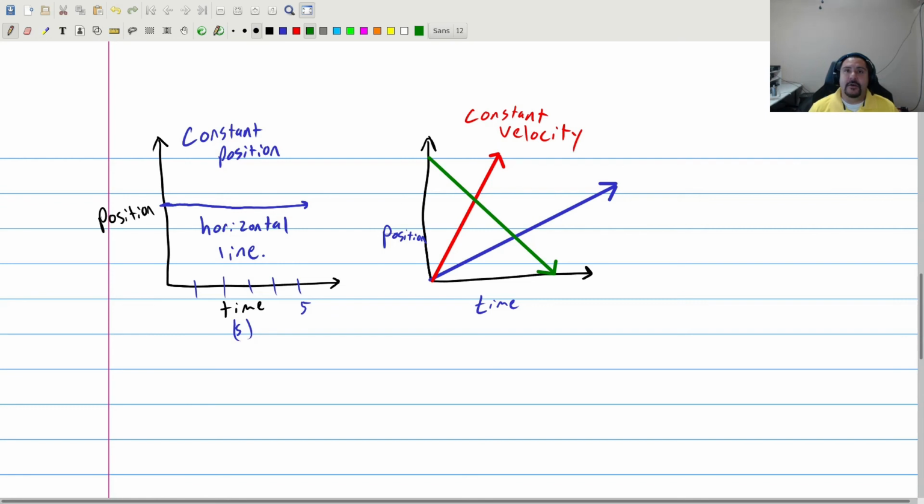So in this video, I put the ball on a ramp that is slightly inclined. One side's a little bit higher than the other. And so as the ball rolls down the ramp, it gets faster and faster and faster. In this video, we have what we call constant acceleration.